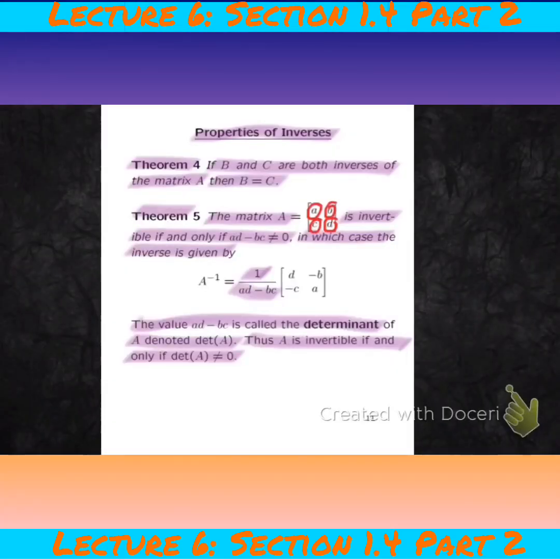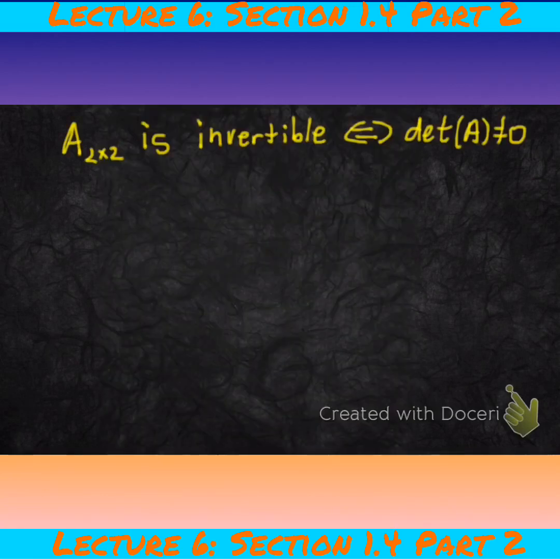Okay, so perhaps it's appropriate for me to mention something about this result, which states that a 2 by 2 matrix is invertible if and only if the determinant of A is not 0. So that statement there, how do we prove it? This is an if and only if statement.